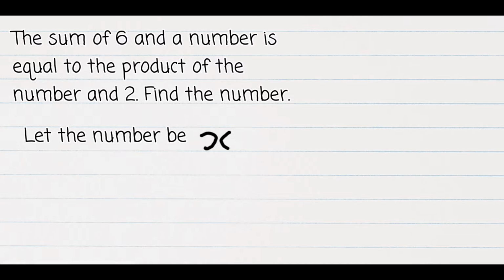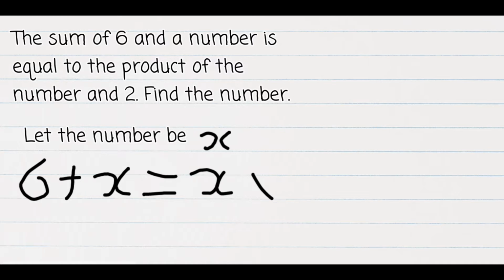So the sum of 6 and a number, since X is that number, we are going to have 6 plus X, since they said the sum, now is equal to the product of the number and 2, meaning 6 plus X is equal to X times 2.